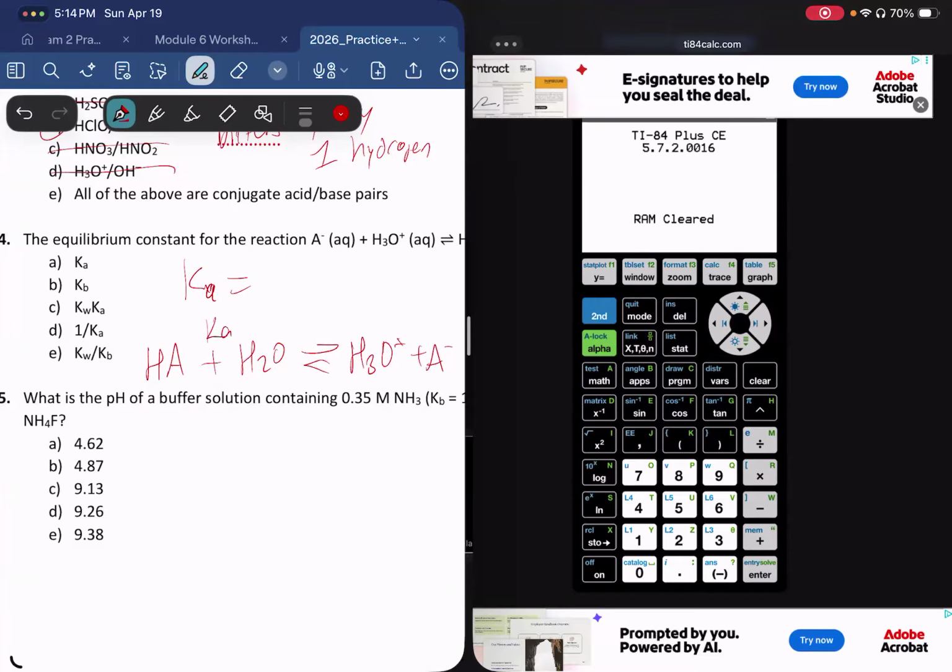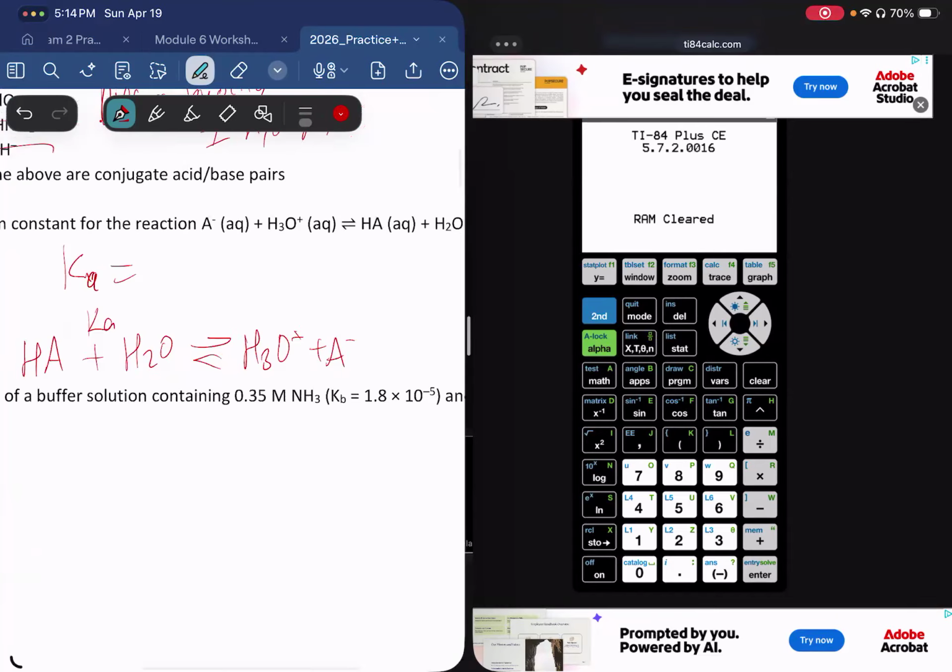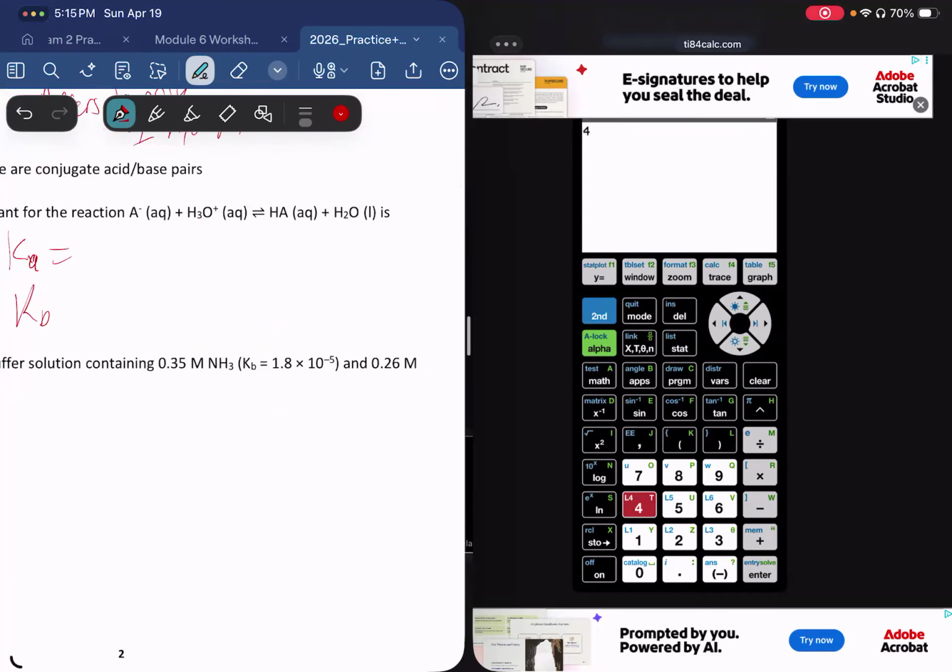Kb is the base one, right? So just a little bit of recap. Kb is the base, so B plus H2O yields BH plus, the conjugate acid, plus hydroxide. That's Kb.